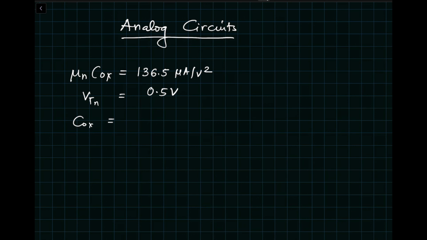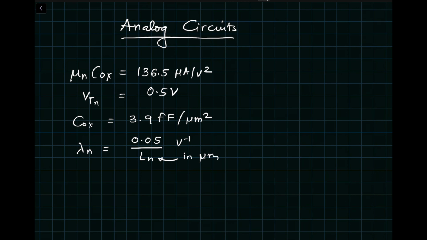Cox value was 3.9 femtofarad per micrometer squared, and lambda n for the device was 0.05 divided by Ln, volt to the power minus 1, and this Ln is in micrometers. We will be using these values over and over again, and again this was for 0.5 micron CMOS technology.